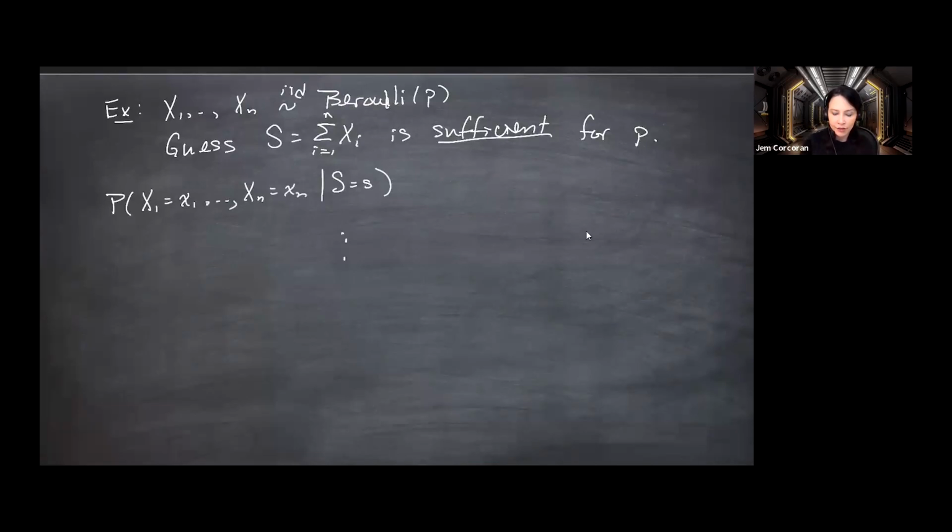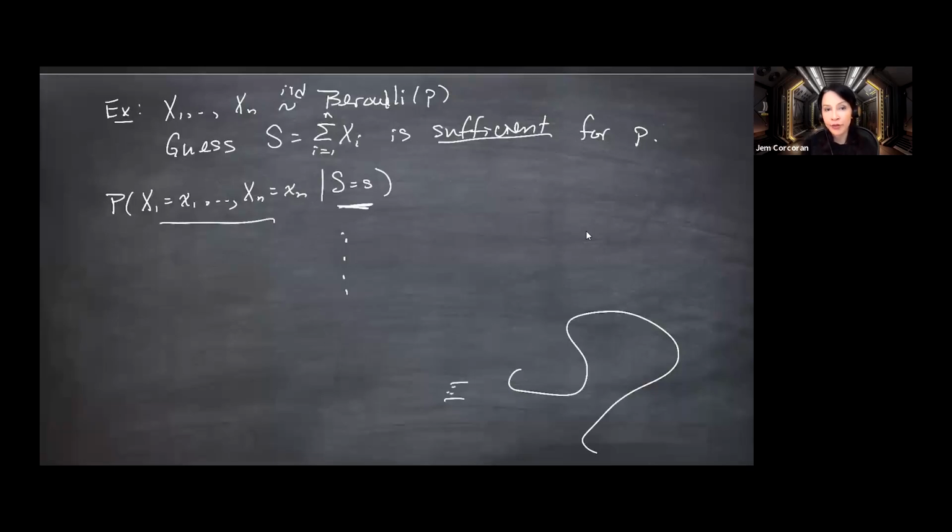We're going to do a kind of massive computation, and in the end we may have a huge mess, but hopefully no letter p. That's enough to say that this statistic is sufficient, since given S, the data isn't helping you get at p. Okay, so let's do it.